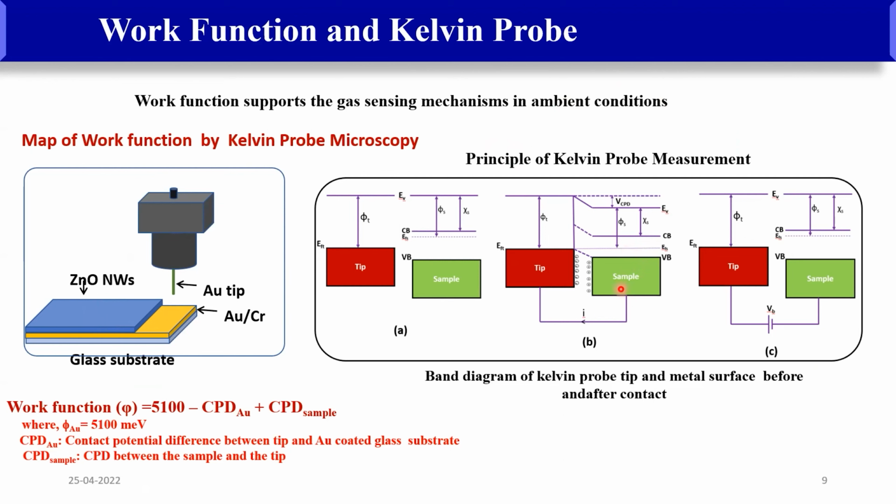This is shown in this band diagram. So the tip and sample surface will be charged, since it acts like a parallel plate capacitor, and a contact potential difference will form. This contact potential difference is a measure of the work function difference between tip and sample. And once you know the work function of the tip, you can calculate the work function of the sample.